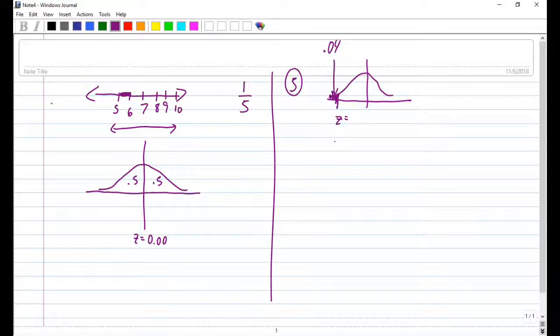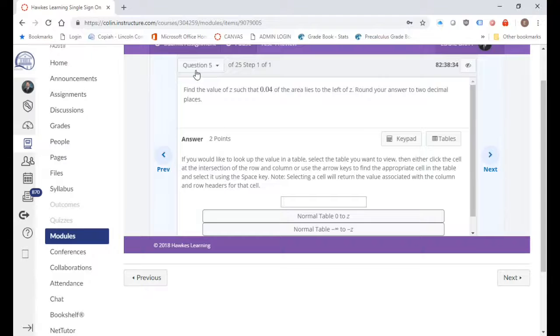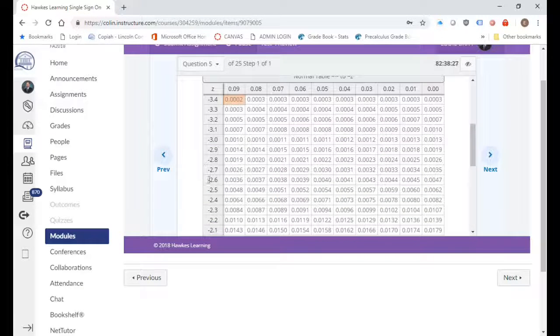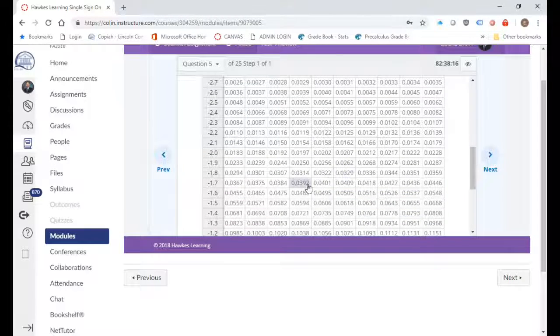So we need to look in our table and get as close as we can to 0.04 as an area. We're not looking up 0.04 as a z-score. We're trying to get as close as we can to 0.04 as an area and see which z-score that corresponds to. So as close as we can get is this number right here, 0.0401.